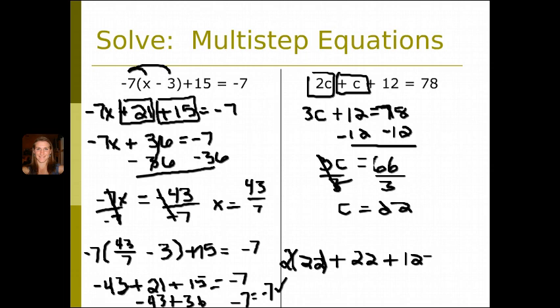Two times 22 gives us 44. 44 plus 22 gives us 66. 66 plus 12 gives us 78, which does equal 78. Good job.